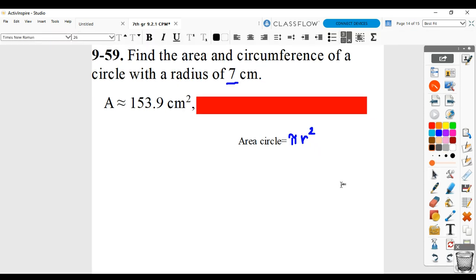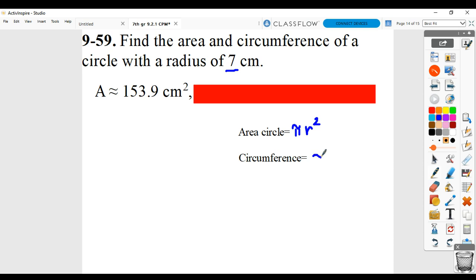And then circumference of a circle, remember, again, is pi times diameter. And we are given the radius, but we know that 2 radii would equal a diameter.